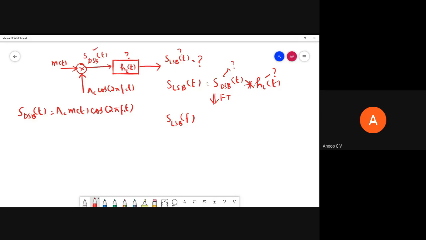And in the frequency domain expression, normally we'll write capital S. So capital S_LSB(f) is equal to capital S_DSB(f) into H_L(f), where H_L(f) is nothing but the Fourier transform of h_L(t), or else I can call it the frequency response. Now what is S_DSB(f)? It is nothing but the Fourier transform of this.